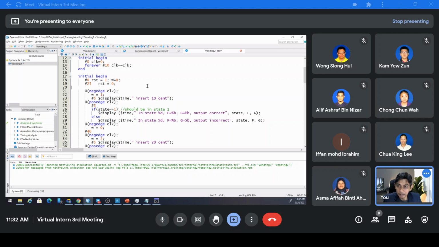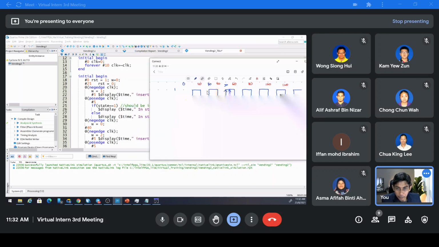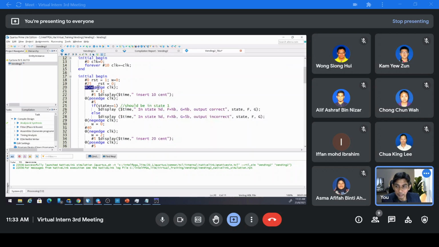But this one is a little bit difficult because you need to keep track of the time, and remember it is accumulated. The best way is to refer to the clock, relative to the clock. So this is a good thing, where we can use the clock as our reference.